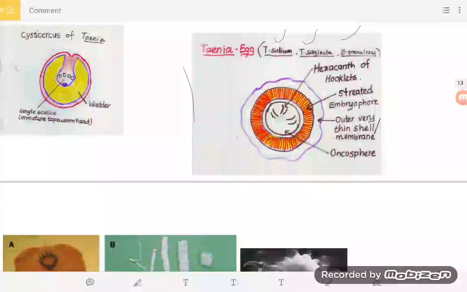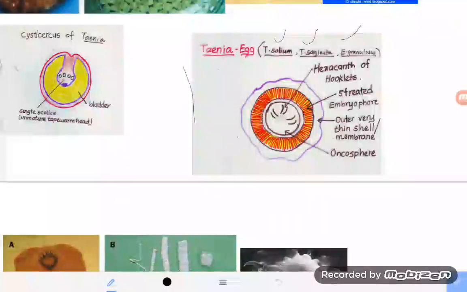Here, carefully observe this one. Starting from here, the outermost part we call the thin cell membrane, very thin. The second layer is the striated embryophore, meaning the striated part and the oncosphere.